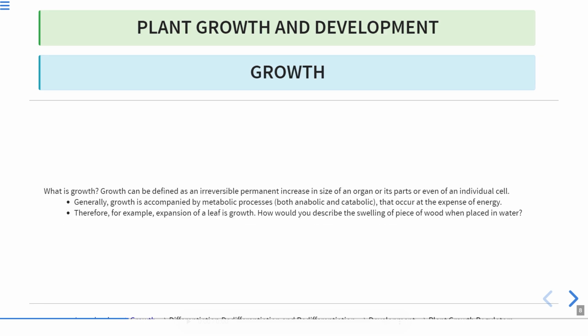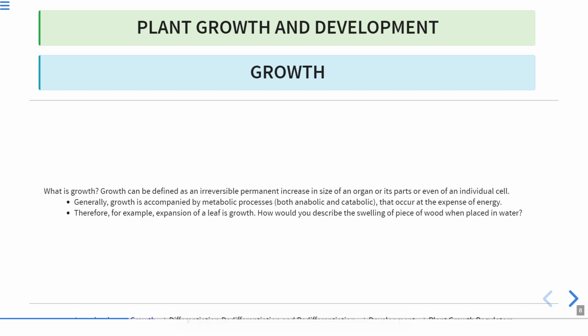Now, what is growth then? Growth can be defined as an irreversible, permanent increase in size of an organ or its parts, or even of an individual cell. If we say that growth is occurring, then there is a permanent increase in size.